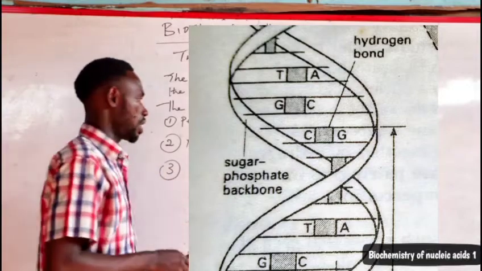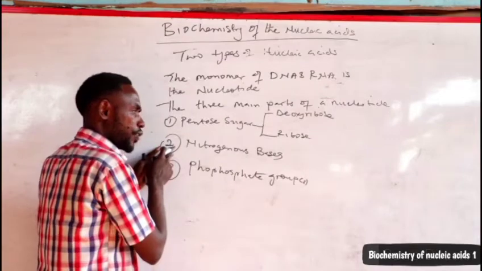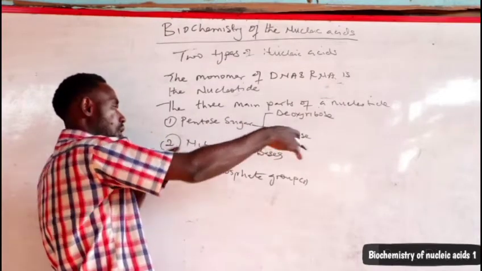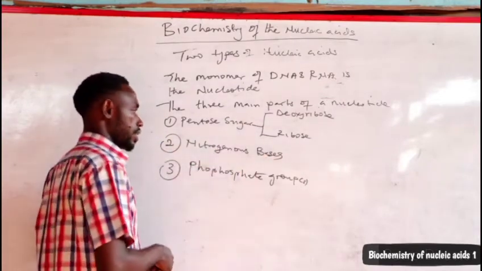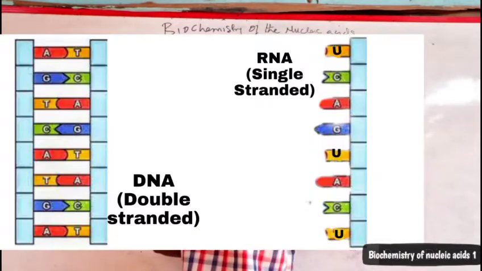The sugar phosphate backbone. Which means number 2 forms the interior of the DNA and RNA. So DNA, to separate the twist, is in this form.